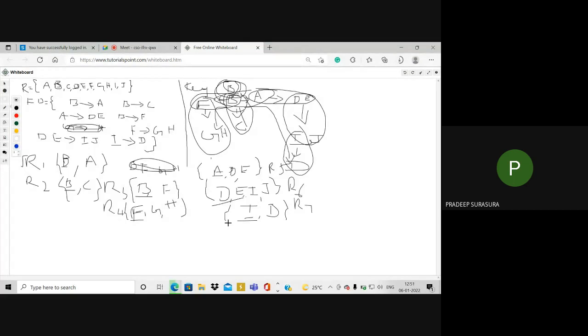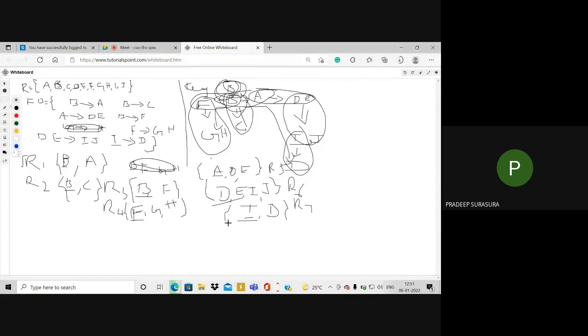First find out the key. Using the closure and minimal algorithm, we can deduce the key as B. So writing all the FDs: B determines A, B determines C, B determines F, F determines GH, A determines D, D determines IJ, I determines D. When you write like this, you will come to know that holding one attribute from which all nodes are reachable, that will be your final key. So B will be your key.